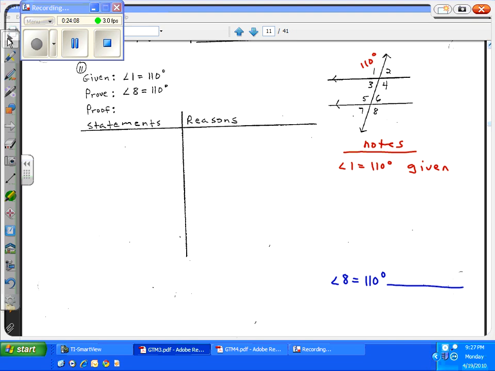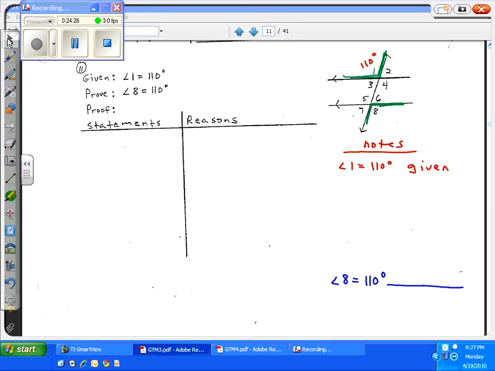We're going to think of all the ways to prove that angle 8 would be 110 degrees. Well, we can visualize that angle 1 is an obtuse angle, and angle 8 is an obtuse angle.